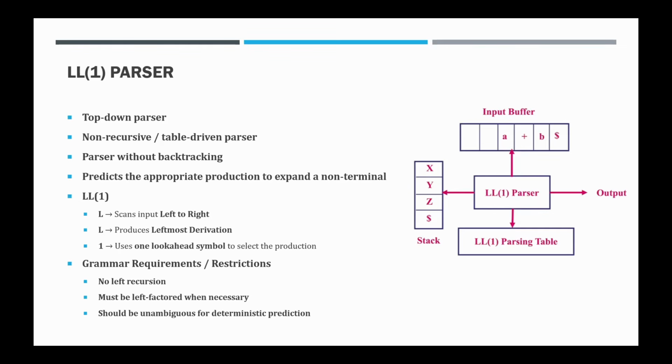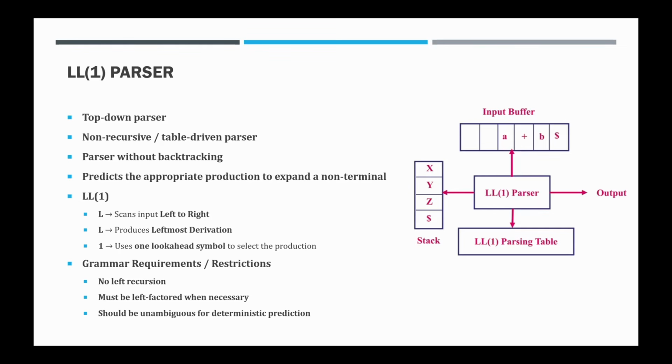So now we must understand what this LL of 1 is. The first L represents scanning the input from left to right. The second L represents that it produces the leftmost derivation. The one in the bracket represents that it uses one lookahead symbol to select the next production to replace the non-terminal.